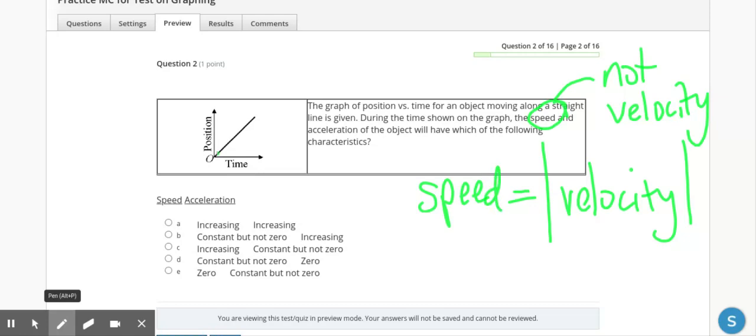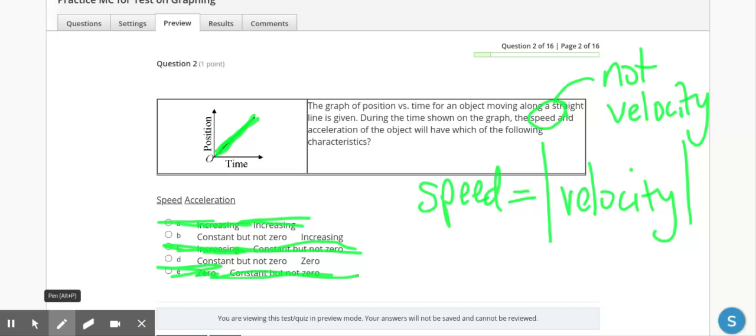Okay, so our velocity is the slope of that line. We have a straight line here, so our velocity is going to stay constant. So our speed is going to be constant, and it's not 0. So either we have an increasing acceleration or we have 0 acceleration.